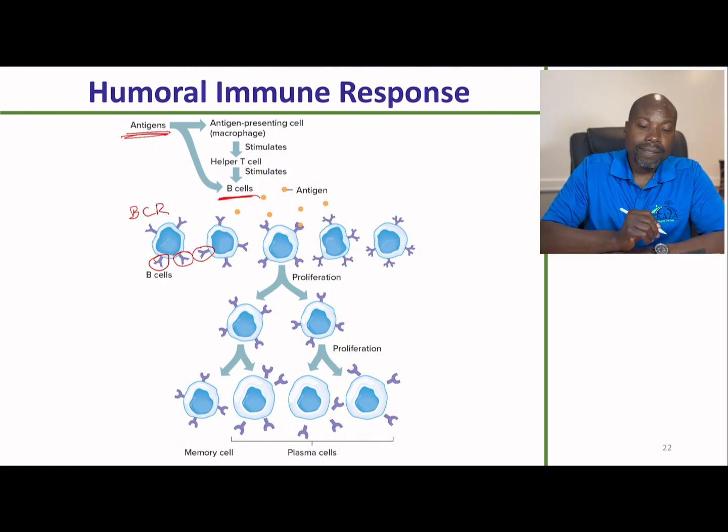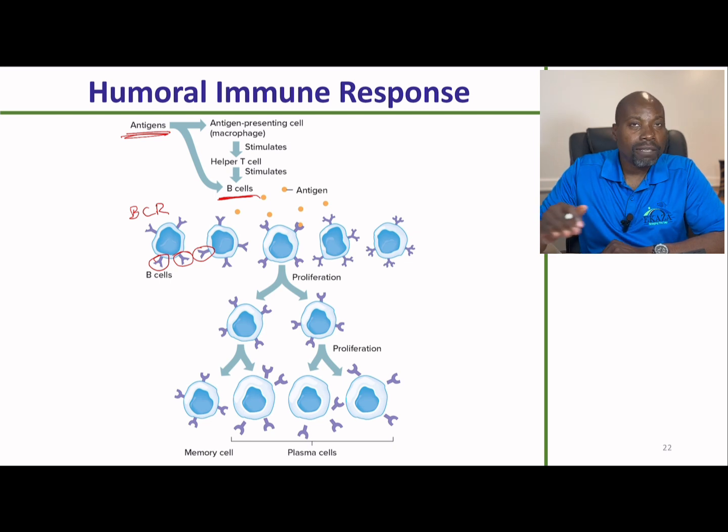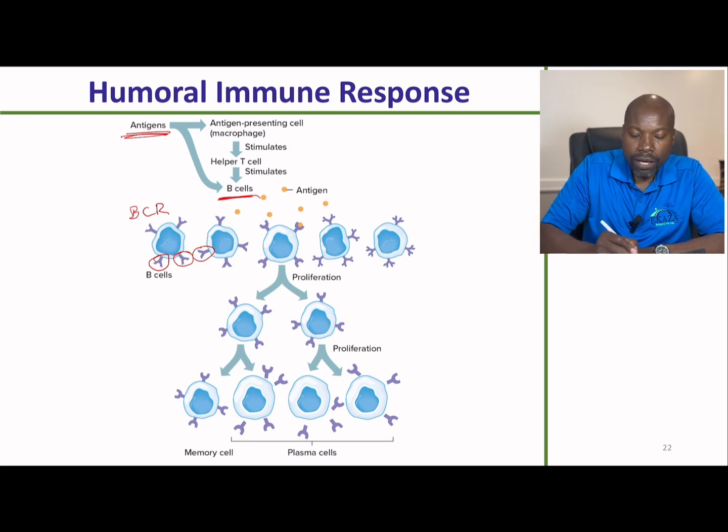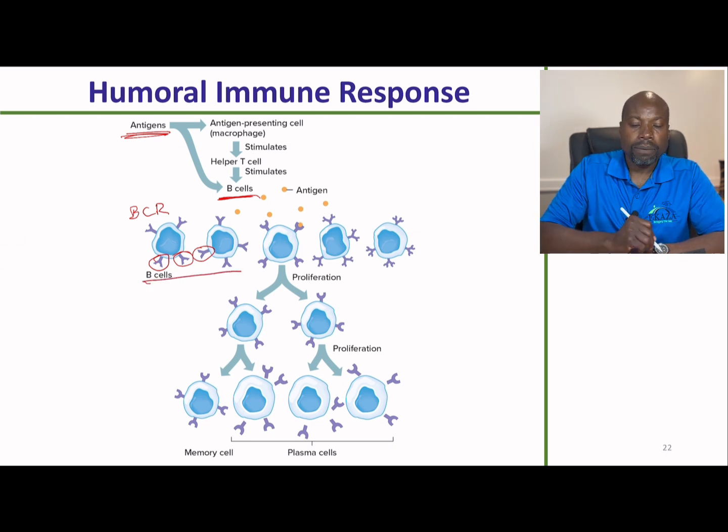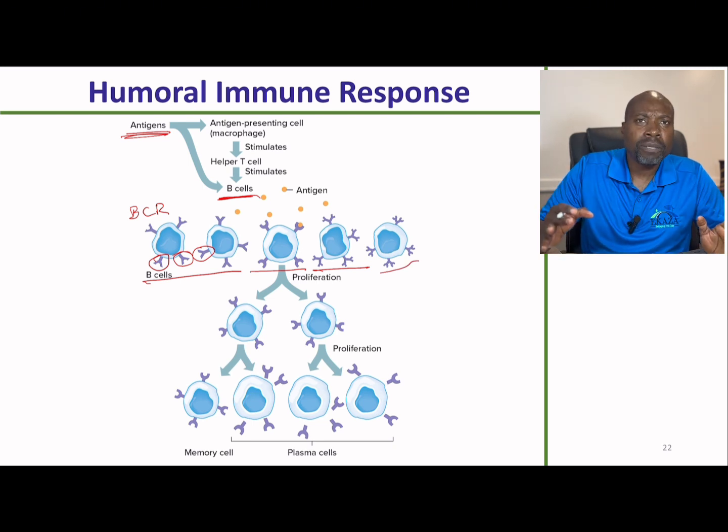Now, B cells have different kinds of B cell receptors. Here we have one type of B cell receptor, here we have another type of receptor, another type, and here another type. We have this diversity of B cells.